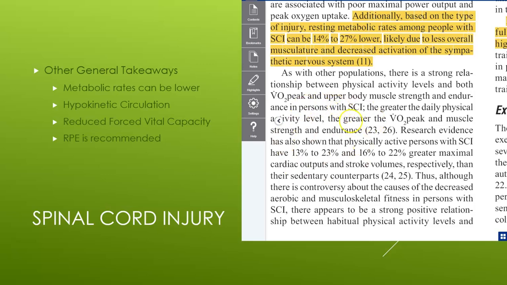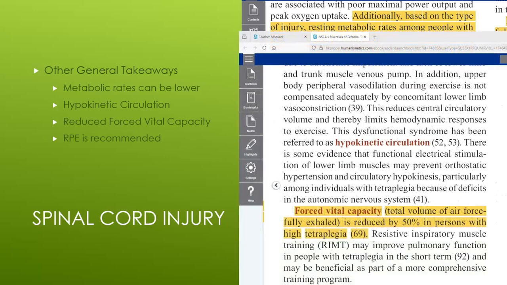If you get these folks moving, people with spinal cord injury have 13 to 23 and 16 to 22% greater maximal cardiac outputs and stroke volumes, respectively, than their sedentary counterparts. So whether it's spinal cord injury or other injuries, as we'll see, if you're able to get your people moving, you'll see demonstrable results. That's your key takeaway.